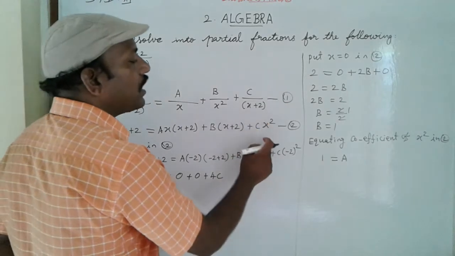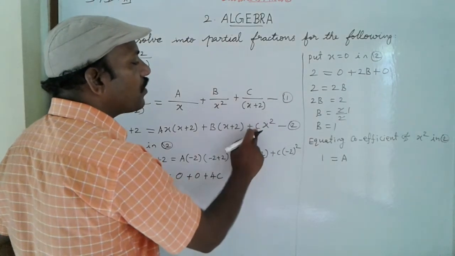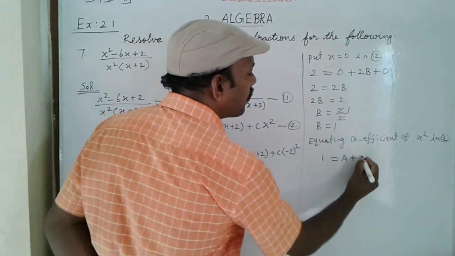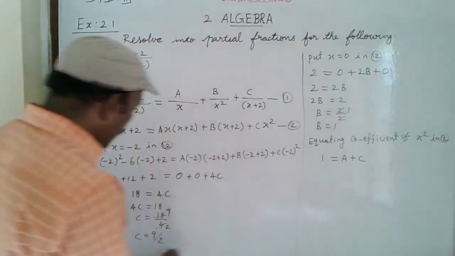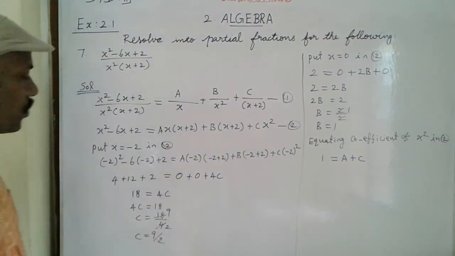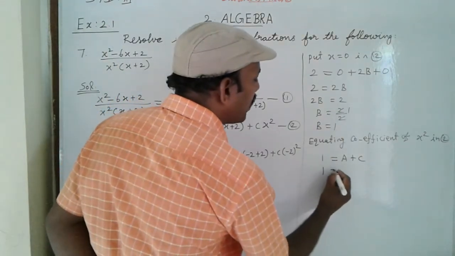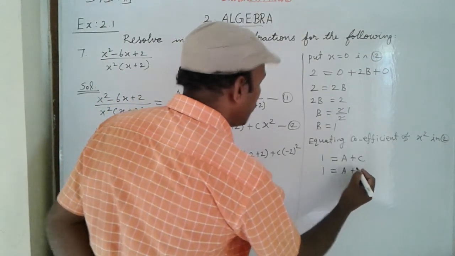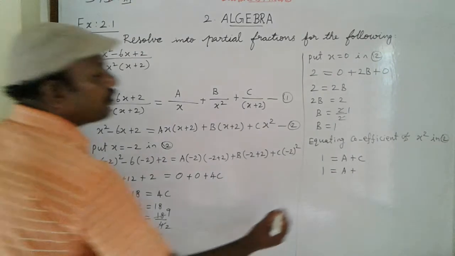Next c into x², so the coefficient of x² is c. Substitute the c value, 9 divided by 2: 1 equals a plus 9 divided by 2.